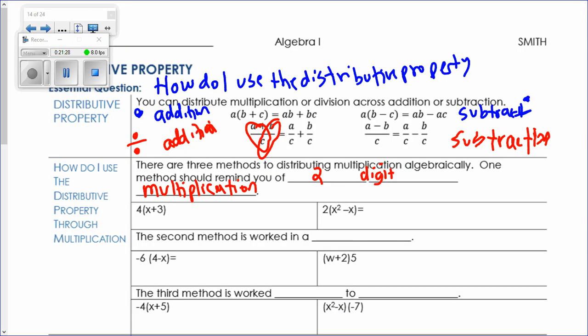Okay? So what does this look like, Miss Smith? Well, I come here and I write x plus 3. Well, let me give you an example. So let's say your teacher told you to multiply 3 times 25.